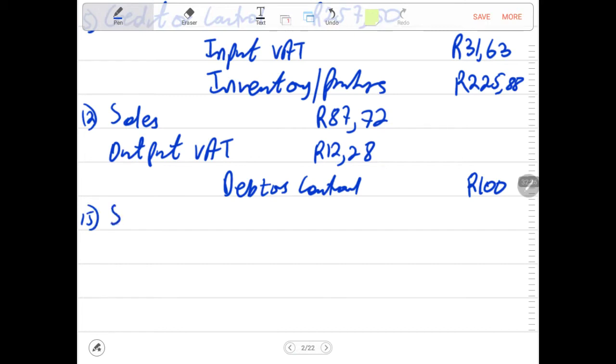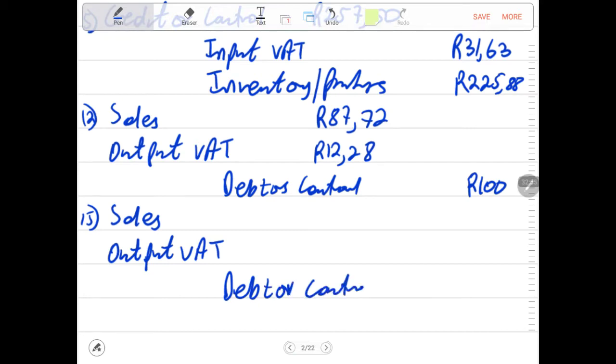We debit our sales. Remember, sales is income and income is decreasing on the debit side. And output VAT is a liability because it is the VAT that we are collecting on behalf of SARS, meaning it is the amount that is due to SARS. So now in this case, output VAT is decreasing on the debit side because SARS has to be giving us this amount.